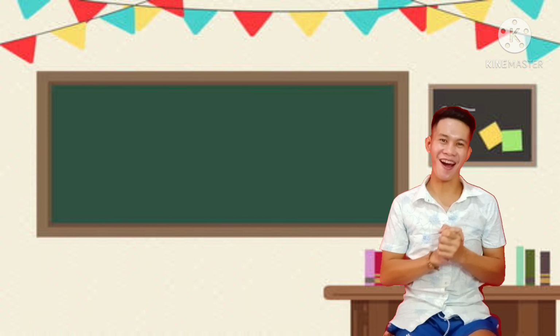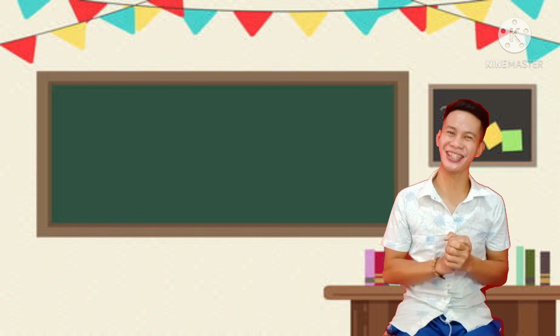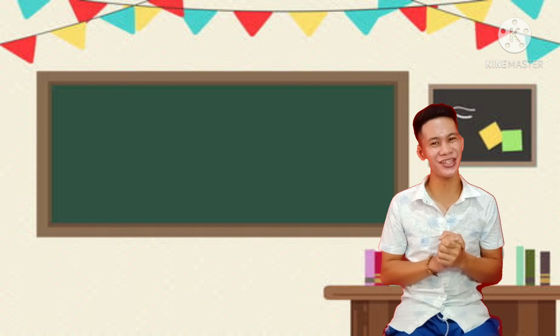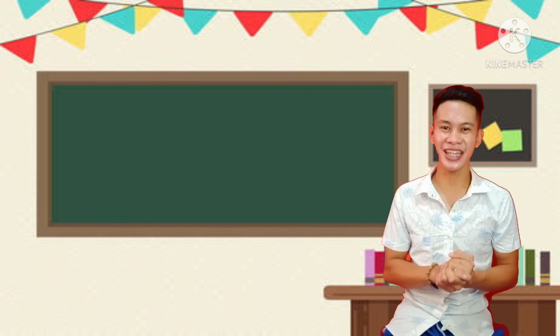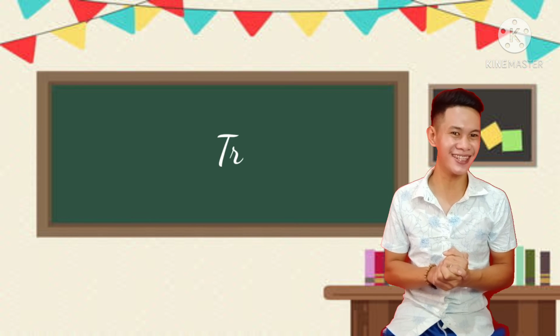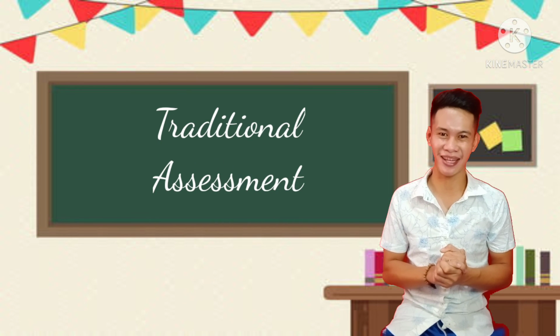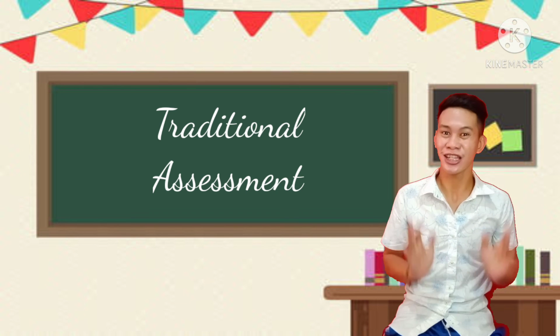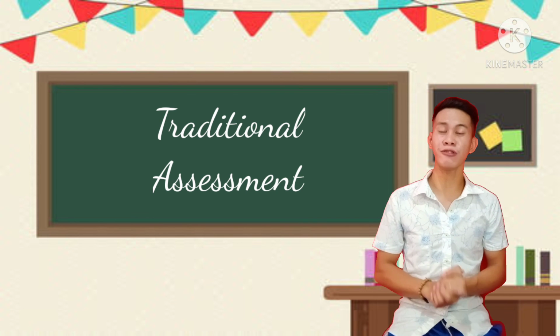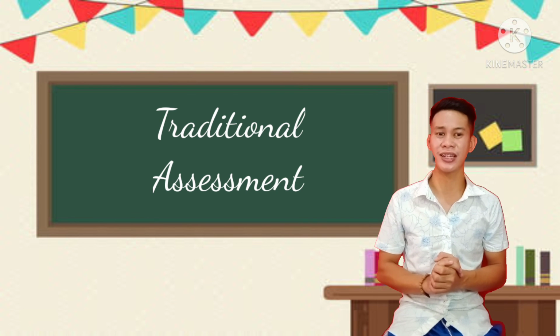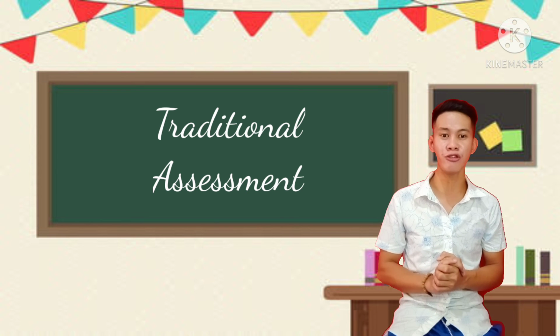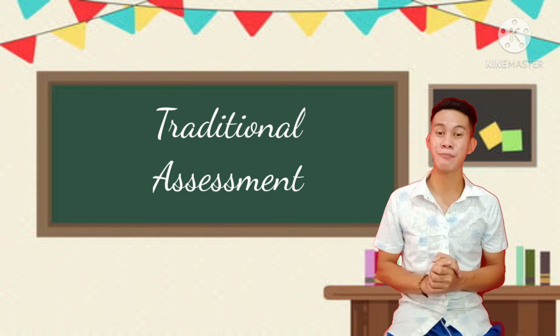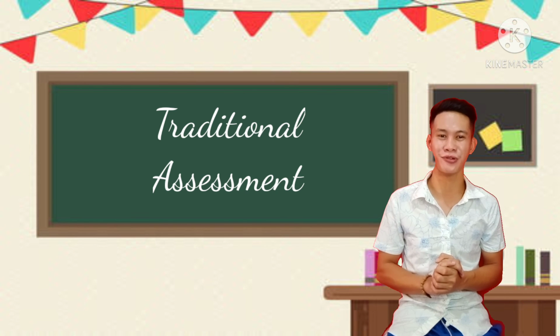And we are in the last term related to measurement and evaluation in physical education. And the last term is traditional assessment. So let's define what is traditional assessment. Traditional assessments are tests taken with paper and pencil that are usually true or false, matching type, or multiple choice.